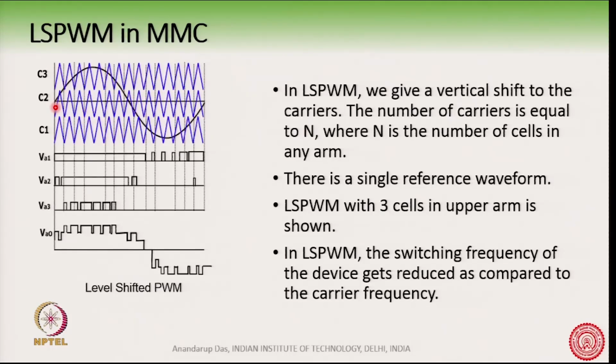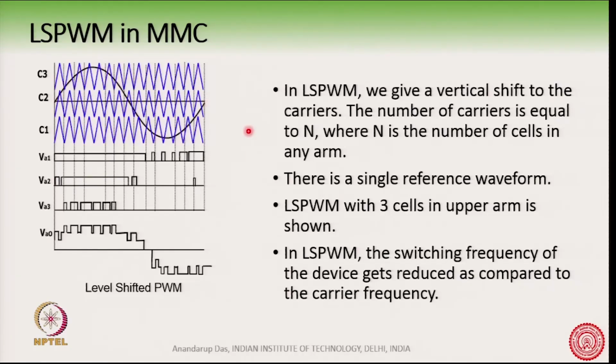The cells will have individual carriers, and these carriers are vertically shifted. Say for example, for cell 1 this is the carrier, for cell 2 this is the carrier, and for cell 3 this is the carrier, but there is only one reference waveform.